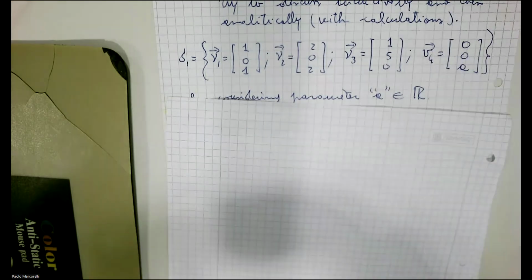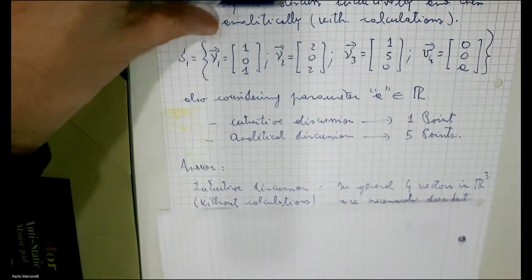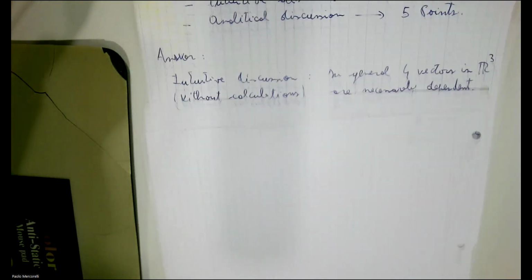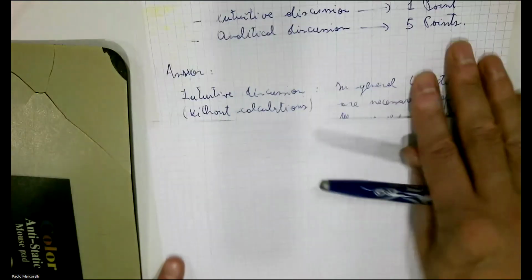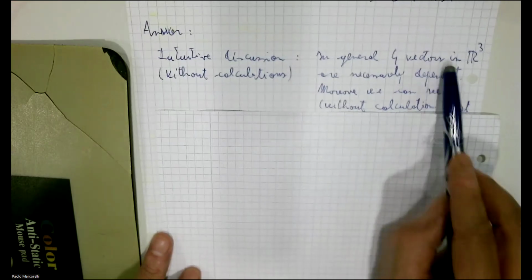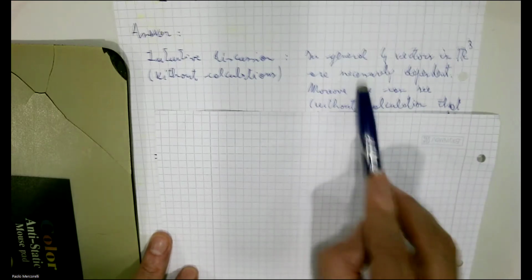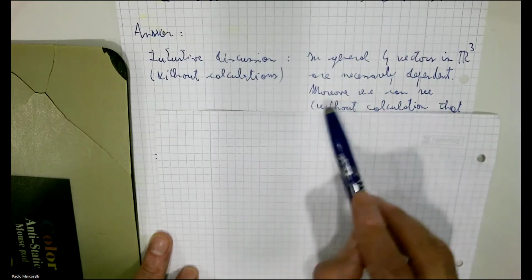Intuitively, in general, 4 vectors in R^3, you have to write this sentence here, are necessarily dependent.